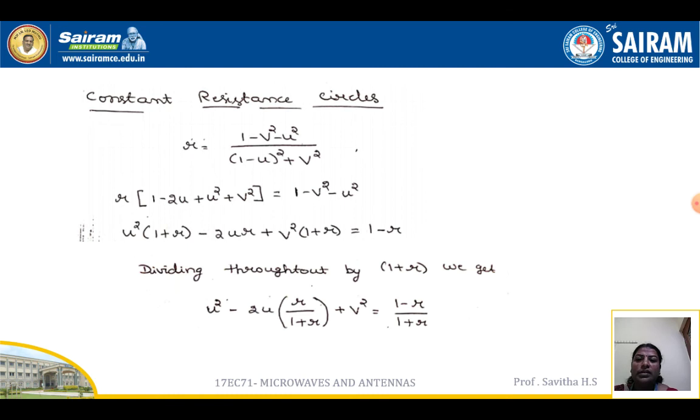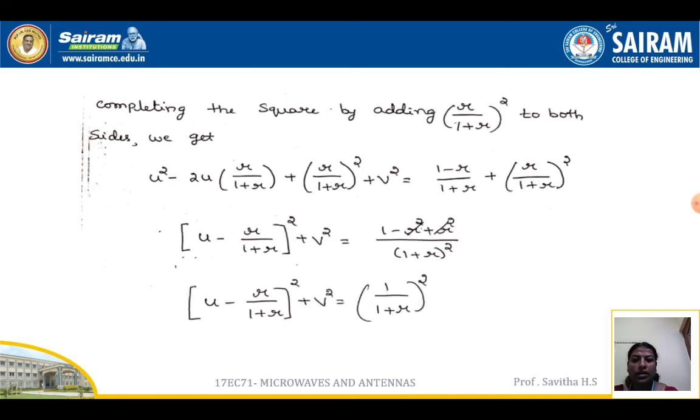Now, the constant resistance circle. We got R is equal to (1 minus V square minus U square) divided by ((1 minus U) square plus V square). Cross multiplying the terms, you will get U square (1 plus R) minus 2UR plus V square (1 plus R) is equal to 1 minus R. Dividing throughout by 1 plus R, U square minus 2U into R by (1 plus R) plus V square is equal to (1 minus R) divided by (1 plus R).